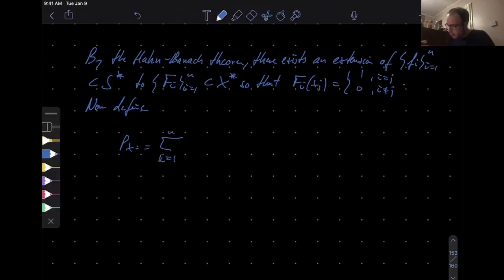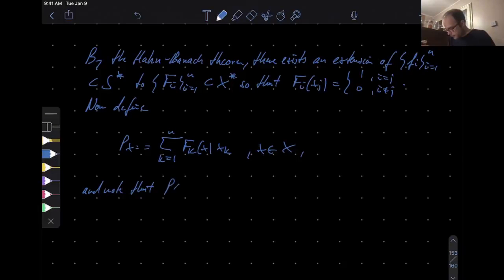P of x is the sum over k from 1 to n of Fk of x times xk, x any vector. Note that, first of all, it's bounded linear. Well, that's clear because it's a linear combination of linear bounded things.